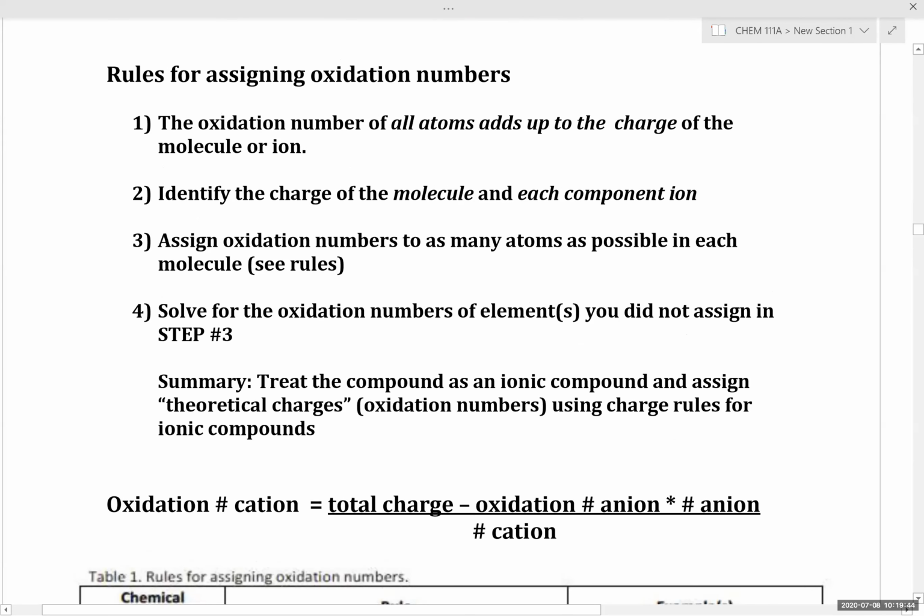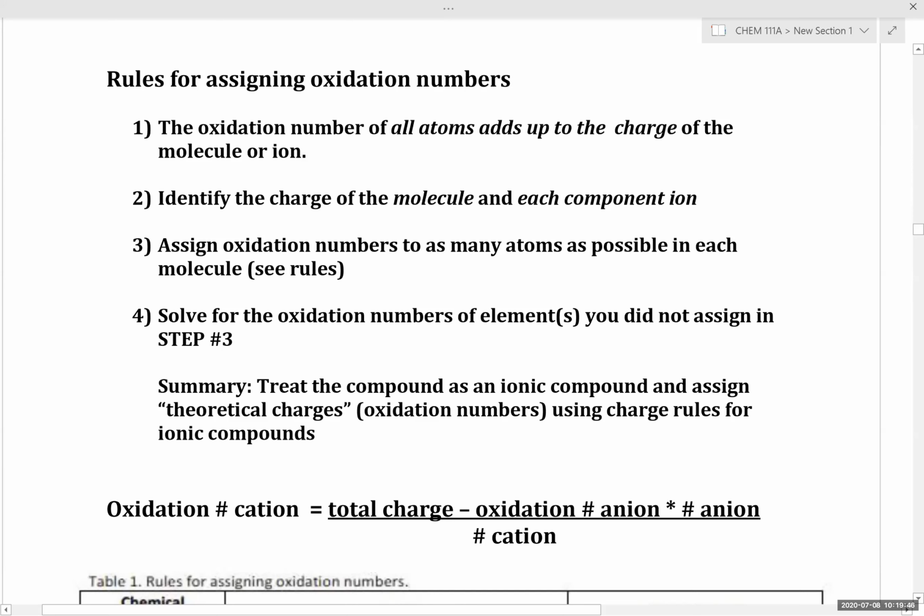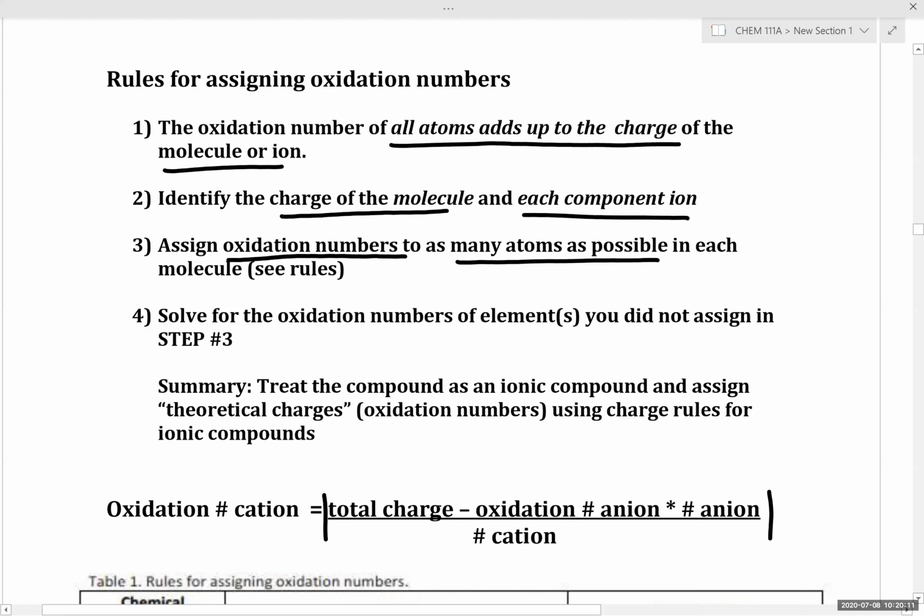And let's talk about some additional rules for assigning oxidation numbers. And these are the central rules that you'll be using. So, first and foremost, the oxidation number of all atoms adds up to the charge of the molecule or ion. So your goal first is to identify the charge of the molecule and each component ion. And you're going to assign oxidation numbers to as many atoms as possible.